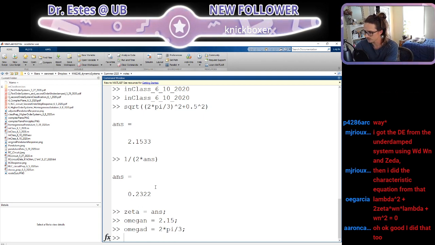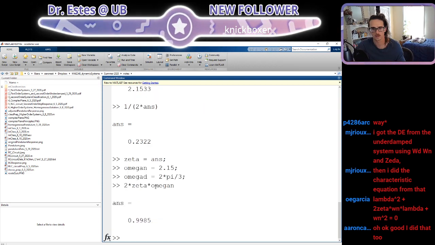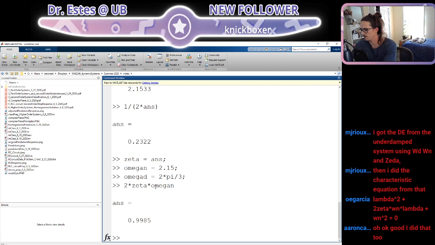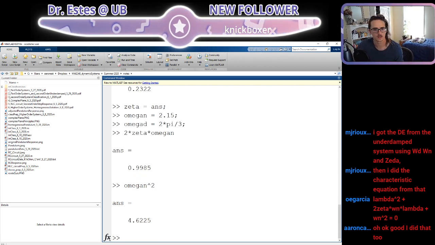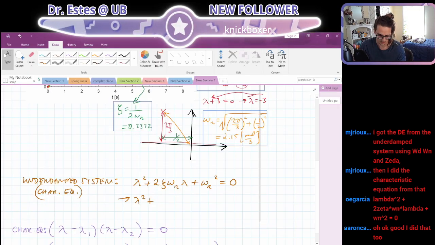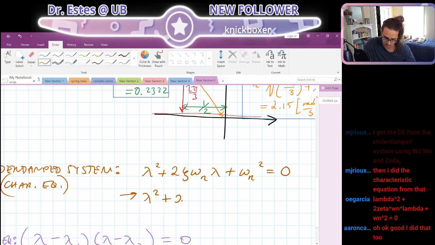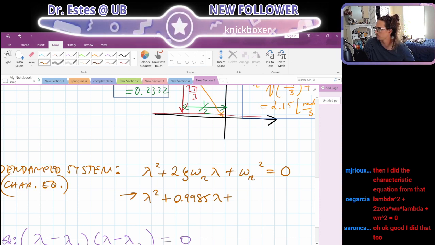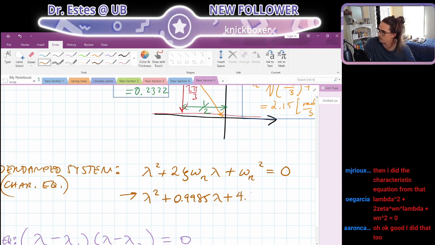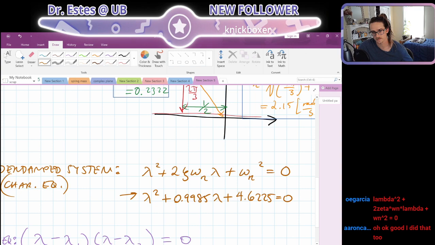Okay. 2 times zeta times omega n, and then omega n squared. So I'm going to have lambda squared plus 0.9985 lambda plus 4.6225 equals 0. That's my characteristic equation.